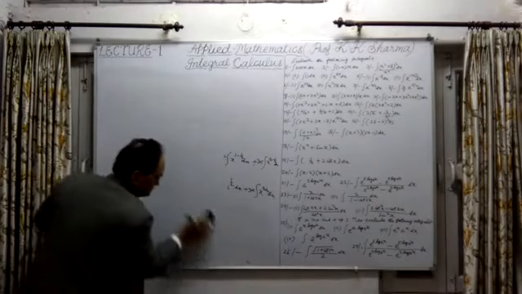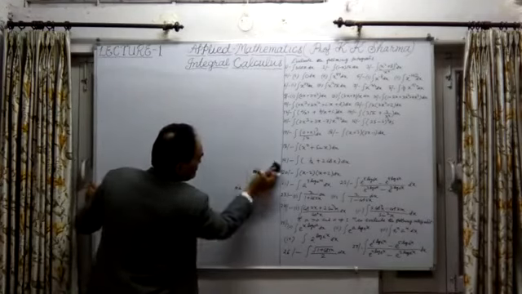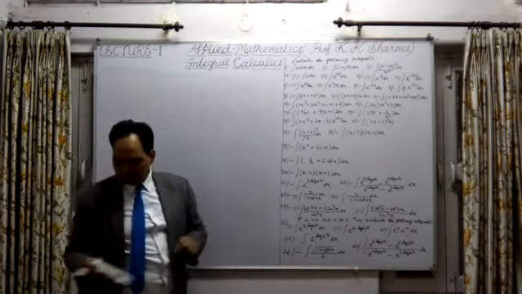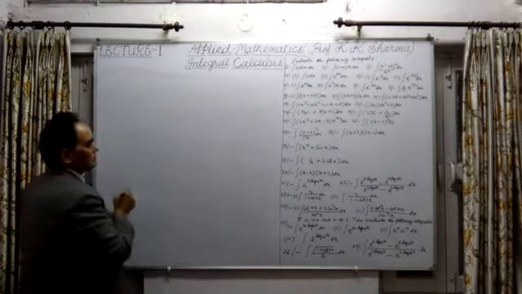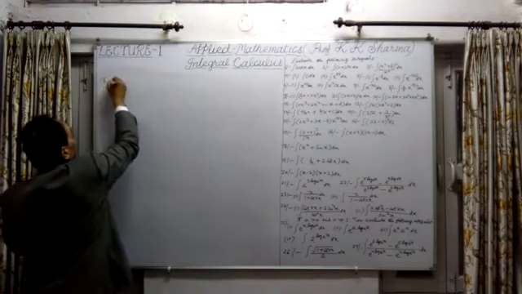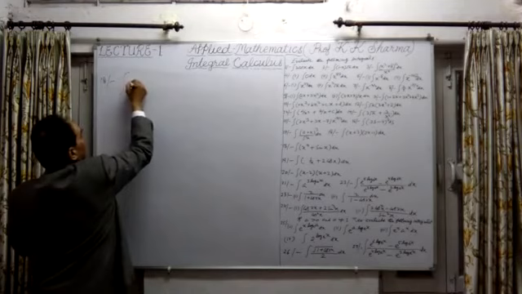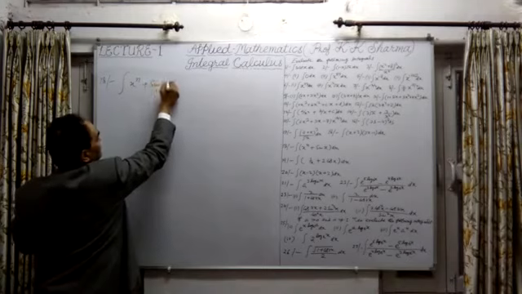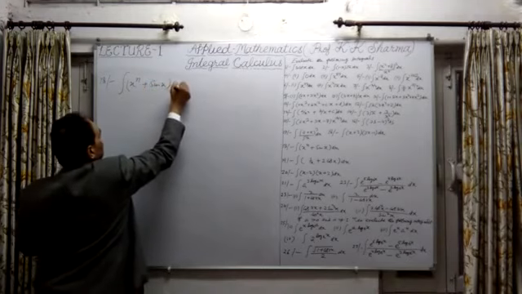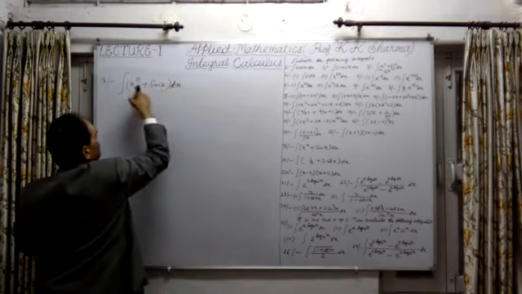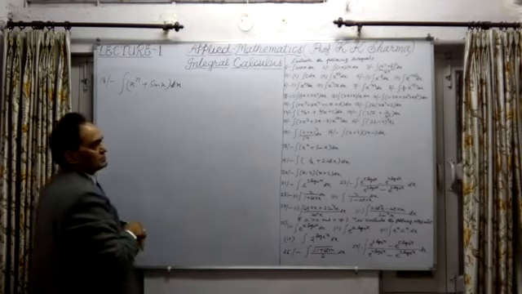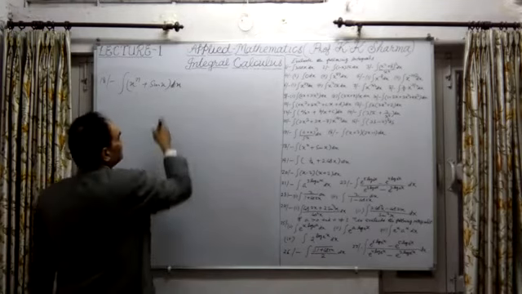Okay, so question number 18, what does it say? This is x to the power n, the same formula which we have applied here. It is the integral of x^n plus sin x into dx. Here is the combination of an algebraic and a trigonometric function. It can simply be an addition of two functions.